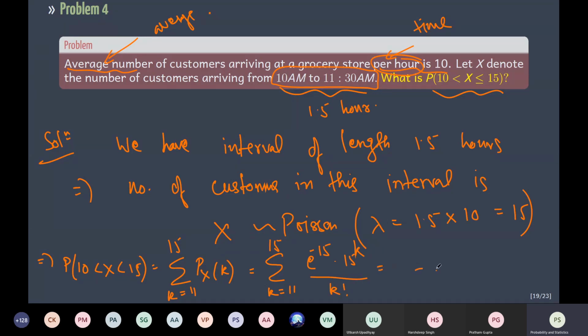If you do this sum, you can stop here. We are not checking your algebra skills, just the probability skills. So this is essentially the answer. One can put in all the values and get the answer.